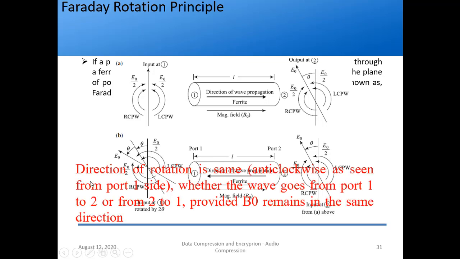So what is important? Direction of rotation is same, anti-clockwise as seen from port 1 side. So from port 1 side it went anti-clockwise, so again it rotated from port 1 side in anti-clockwise direction, right? So whether the wave goes from port 1 to port 2 or port 2 to port 1, provided B naught is in the same direction. B naught is what? The magnetic field, right?